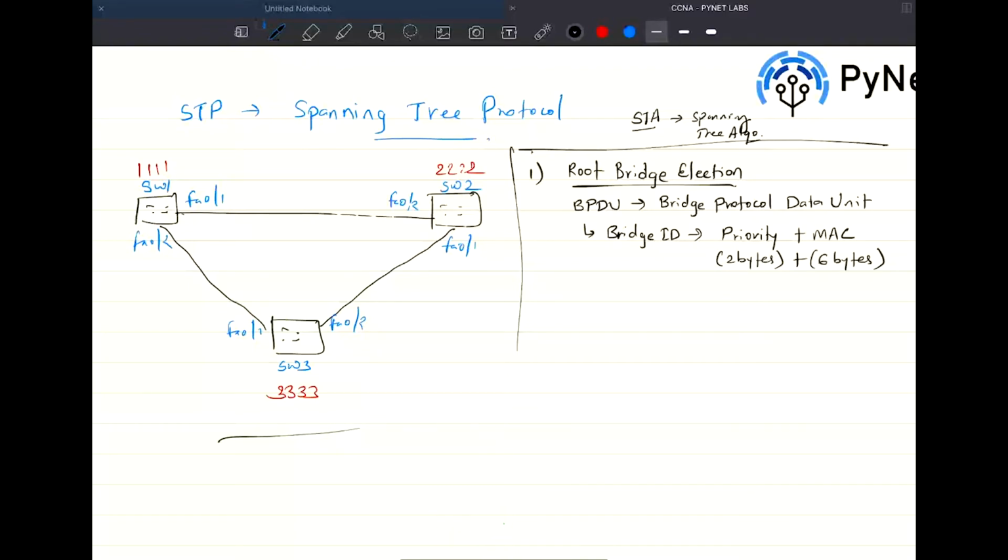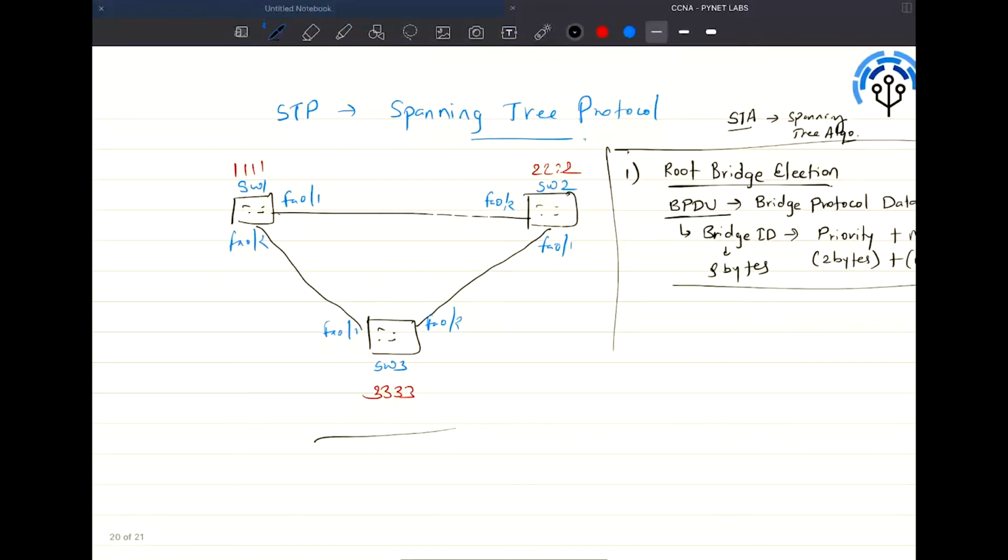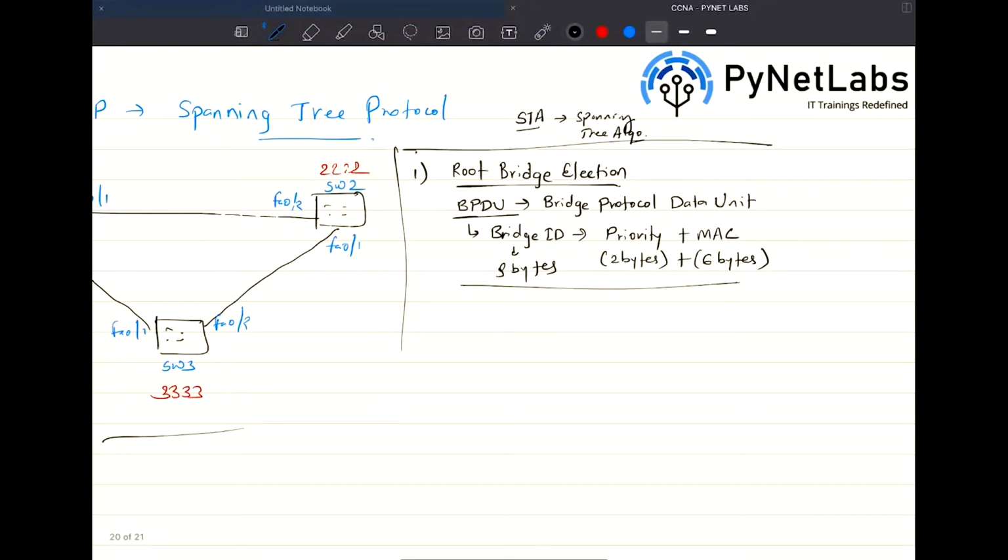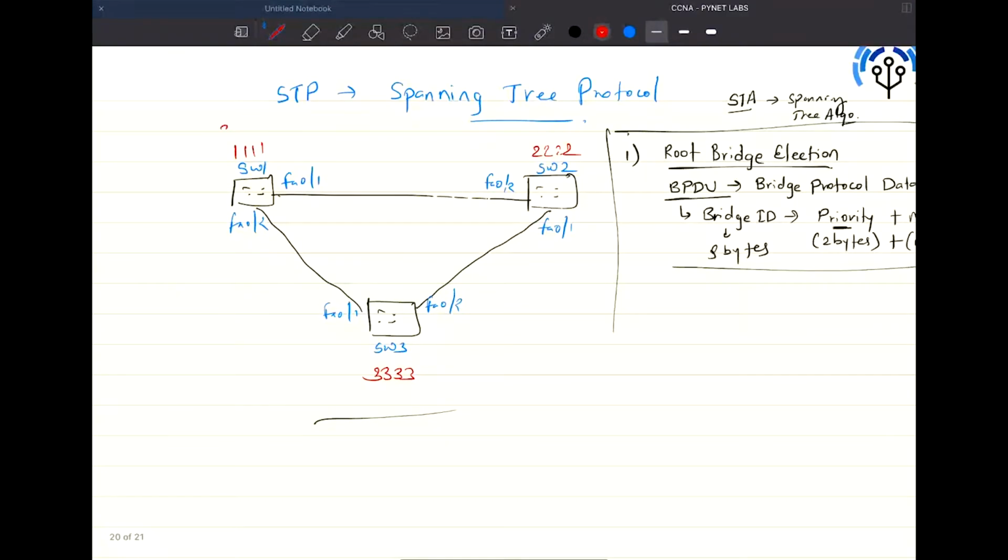And in total, bridge ID is made up of 8 bytes. So this bridge ID is the content of the BPDU, and this BPDU is exchanged every 2 seconds within each and every switch that is present. And by default, the priority value is set to 32,768 on all the switches.